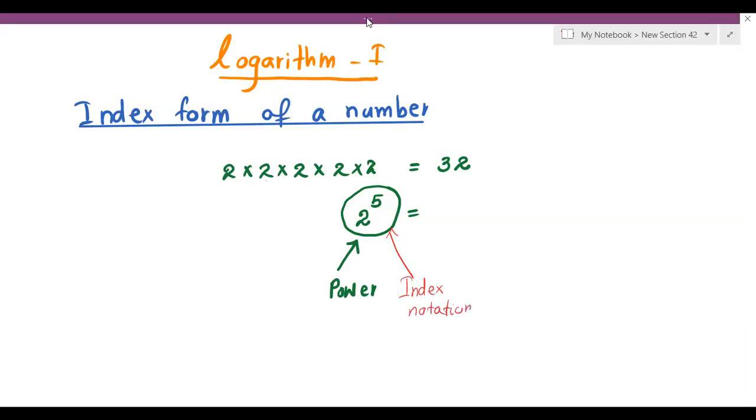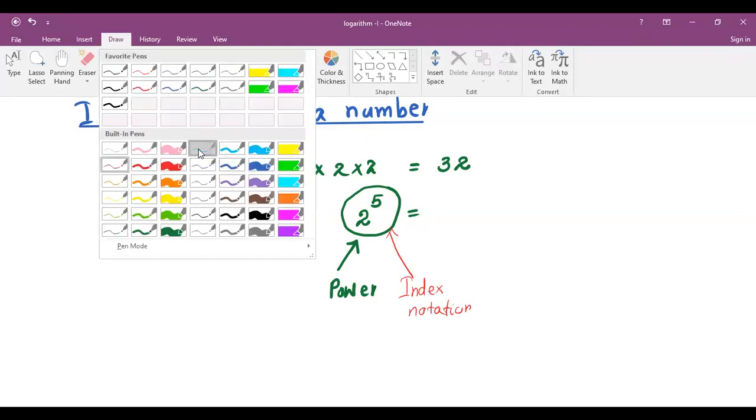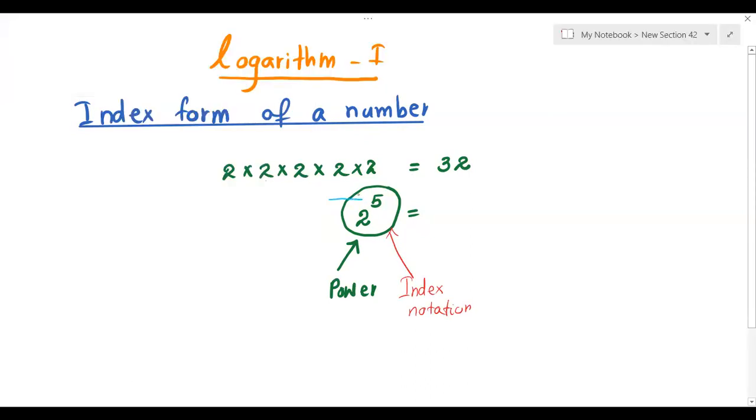For these two numbers, particular different names are given. Here, 5, the number of times that we multiply the base repeatedly, is called the index. Then what is the base? The base is the number that is multiplied repeatedly.